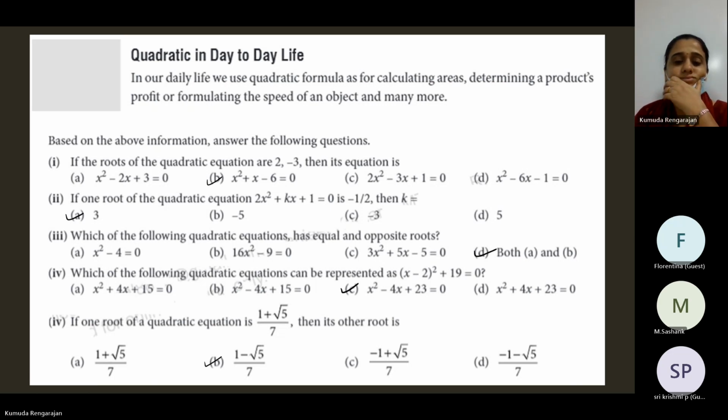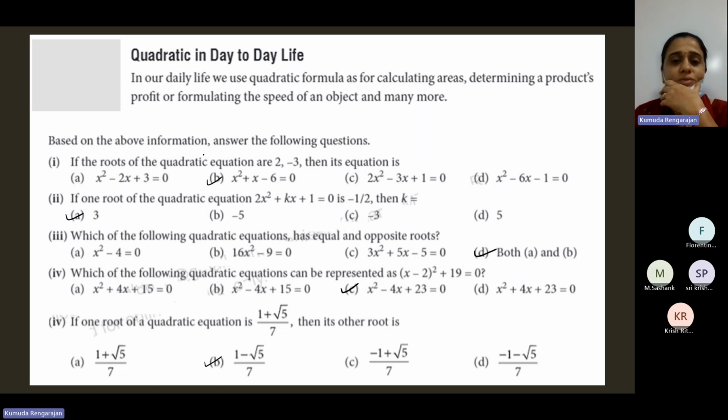A square, x the whole square minus 2 into a into b. You have written plus 2 into a into b. X minus 2 the whole square.